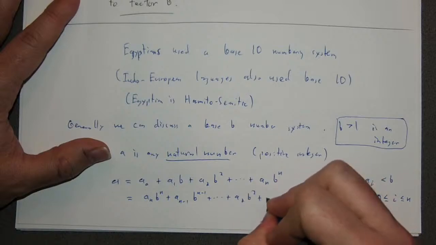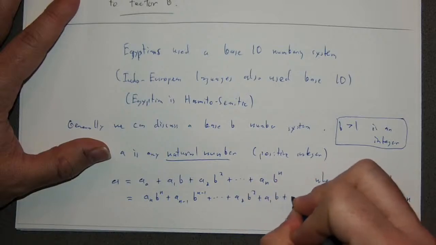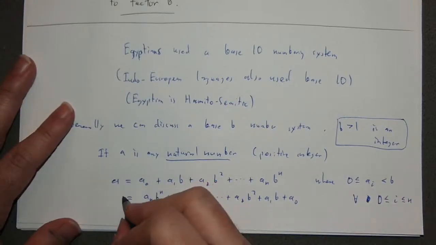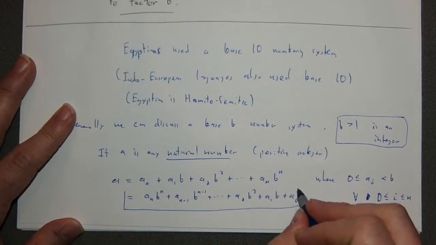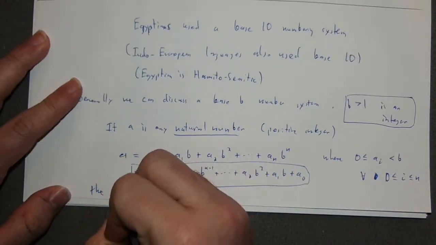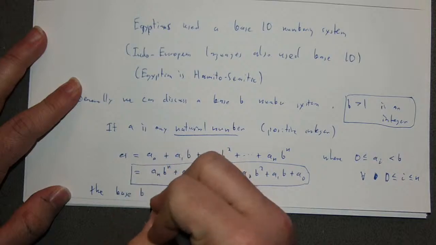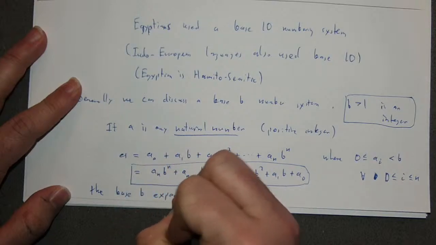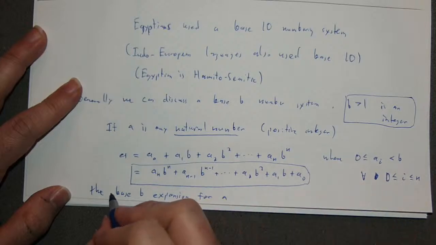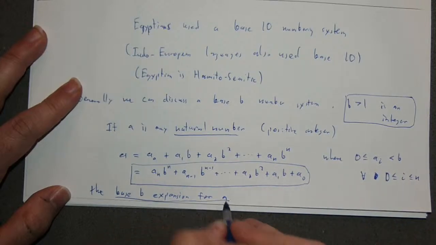Written like this, it looks confusing as to what's going on. So let's see some examples of this. This is called the base b expansion for a. That is what I've written here.